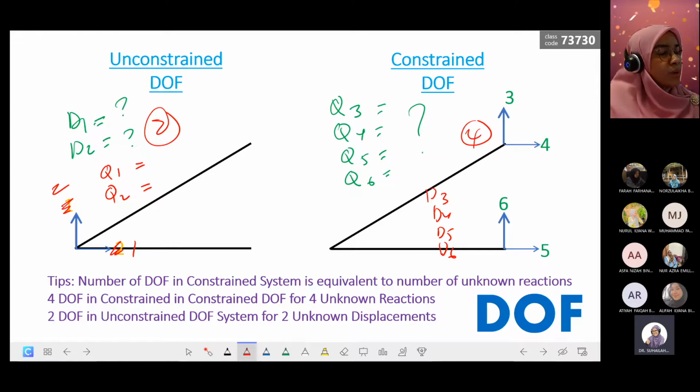Okay, Q1 and Q2. Q1 means a horizontal force at position 1 at node number 2. Q2 means a vertical force at position 2 located at node number 2. We find the value from the question.